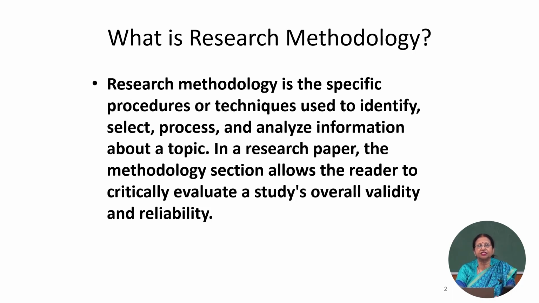We have to first identify and select a problem, then process that problem in the best manner, and then analyze whatever results we get. This is why in any research paper you will see a separate section called materials and method. There the whole method is elaborately written down because it is important to understand how it works.